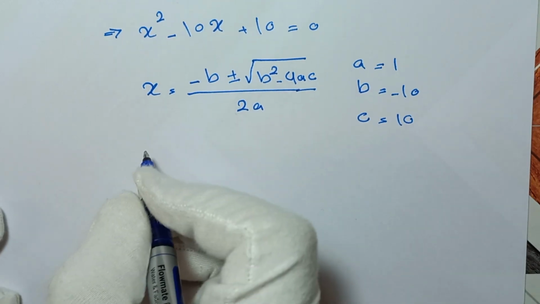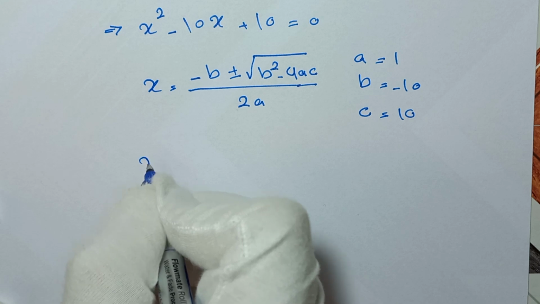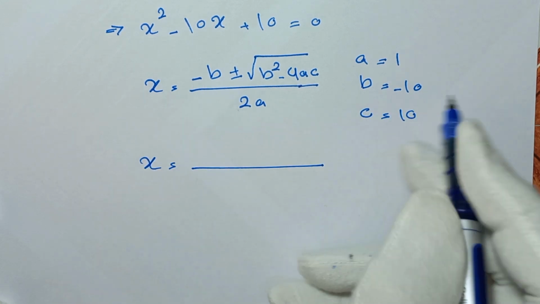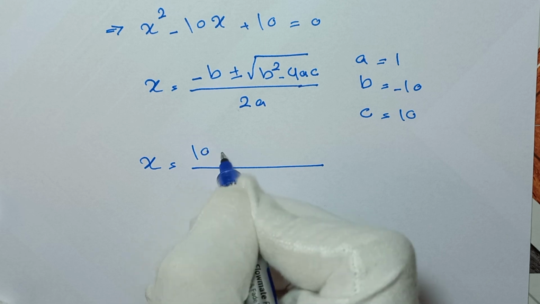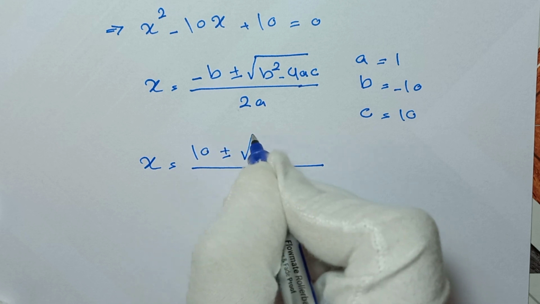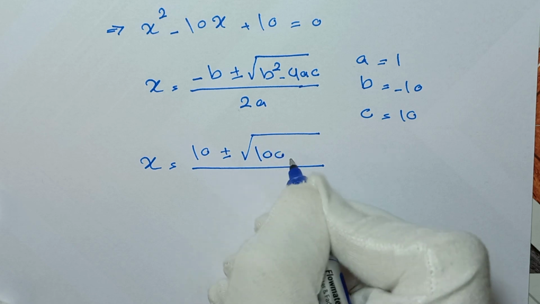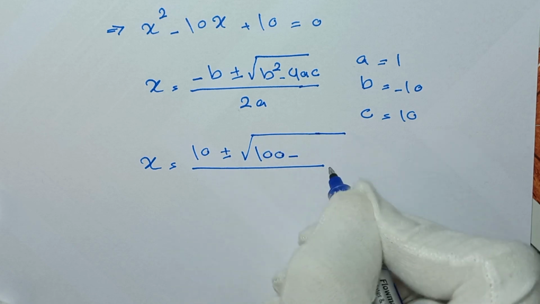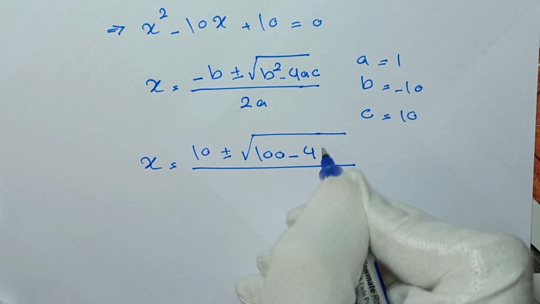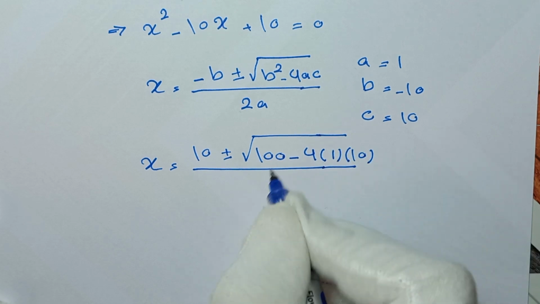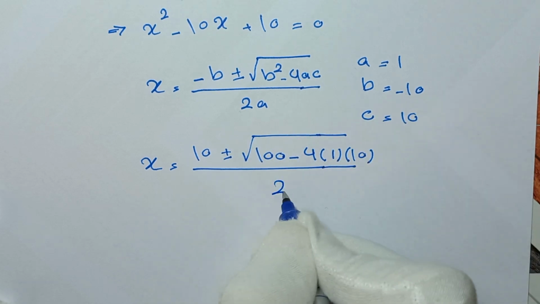So, it will be x is equal to negative b, negative 10, it will be positive 10, plus or minus square root of b squared, negative 10 squared is 100, and minus 4ac, 4 times a is 1, and times c is 10, over 2a, 2a it will be 2.